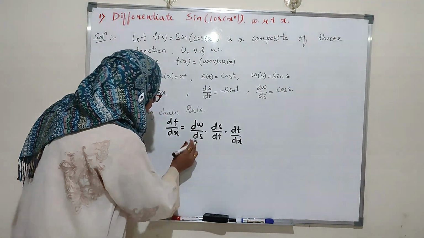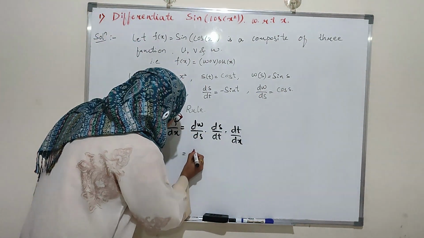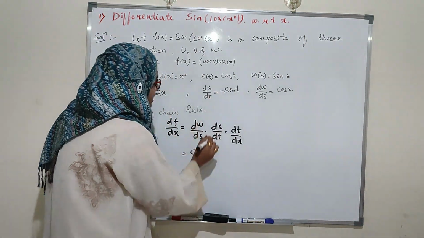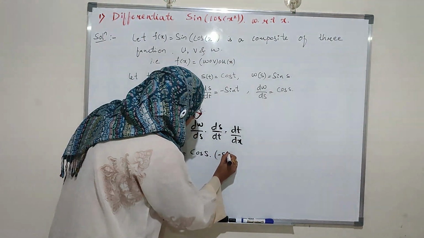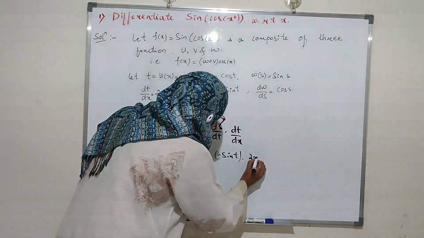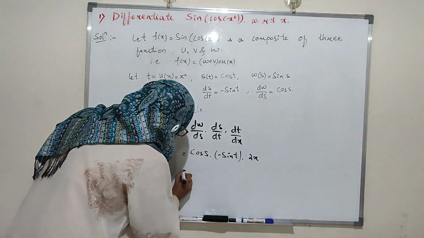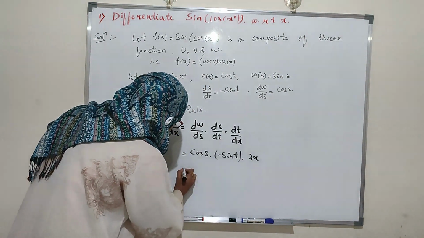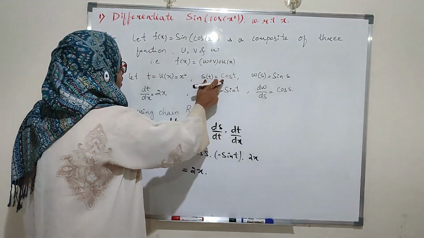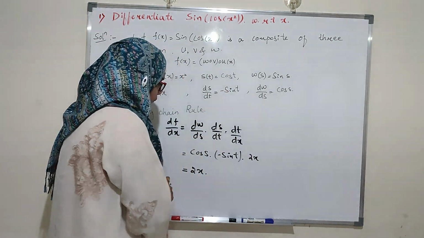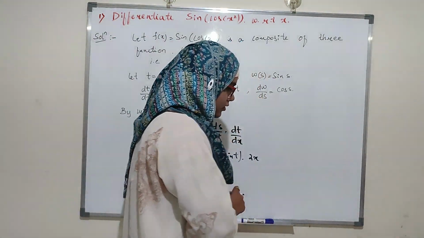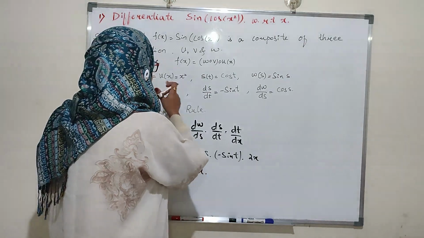Okay, we got dw by ds as cos s, into ds by dt, which is minus sin t, into dt by dx, we got it as 2x. So I'm writing the first 2x term, which is equal to 2x into cos s, as we are taking s as cos of t, and we are taking t as x square.